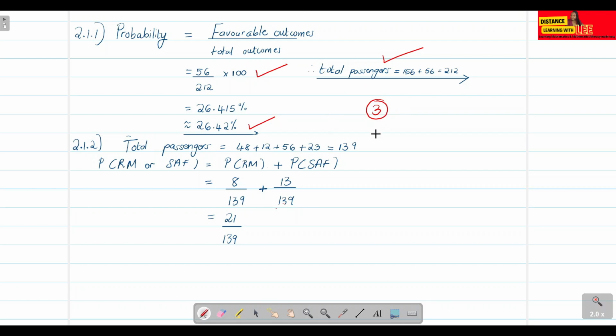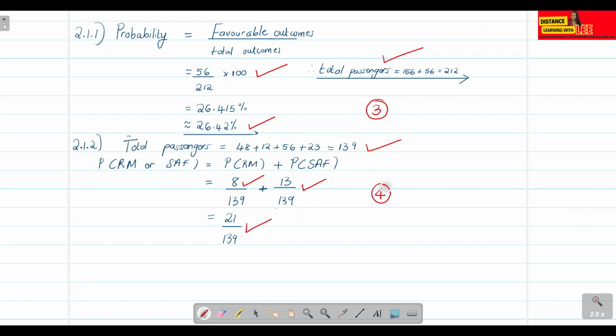For question 2.1.2, you'll also get 1 mark for showing the total number of passengers, which is 139. You get 1 mark for saying 8 over 139 for the probability that the passenger is a Russian male, another mark for saying that the probability that it's a South African female is 13 over 139, and your final mark for your final answer of 21 divided by 139.